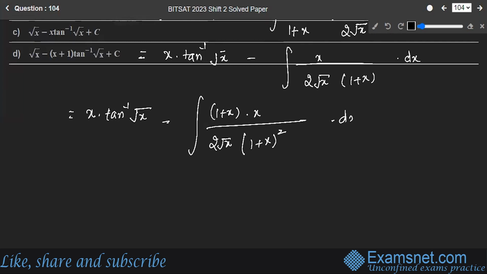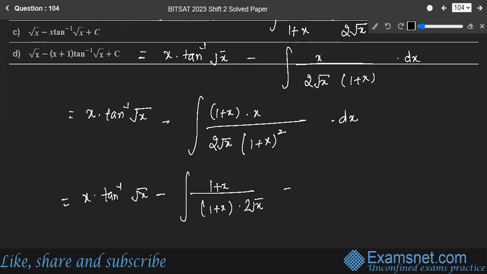Further, I'm multiplying the numerator and denominator by root x, so this becomes root x square upon 2 root x into (1 plus x) dx. This is equal to x into tangent inverse root x minus, splitting it up, the integral of (1 plus x) upon (1 plus x) into 2 root x minus 1 upon (1 plus x) into 2 root x dx.